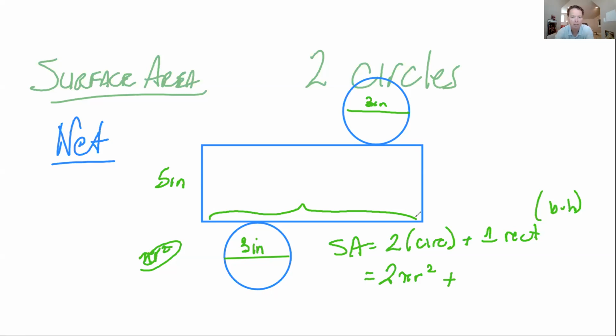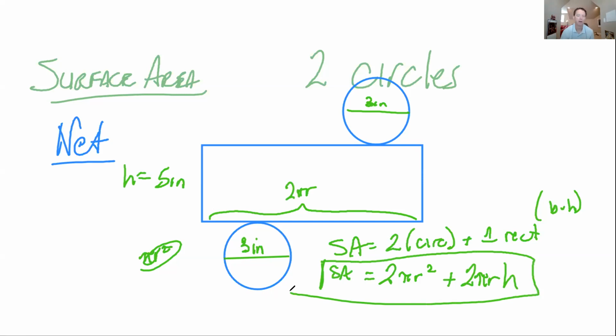So this is going to be 2 pi r. So we have a base of 2 pi r and a height of h. And this is the surface area of a cylinder.